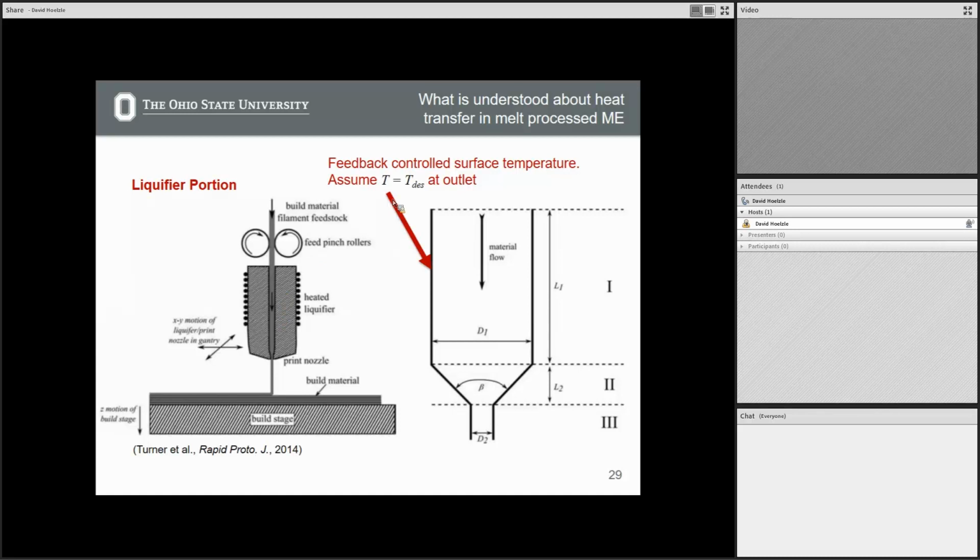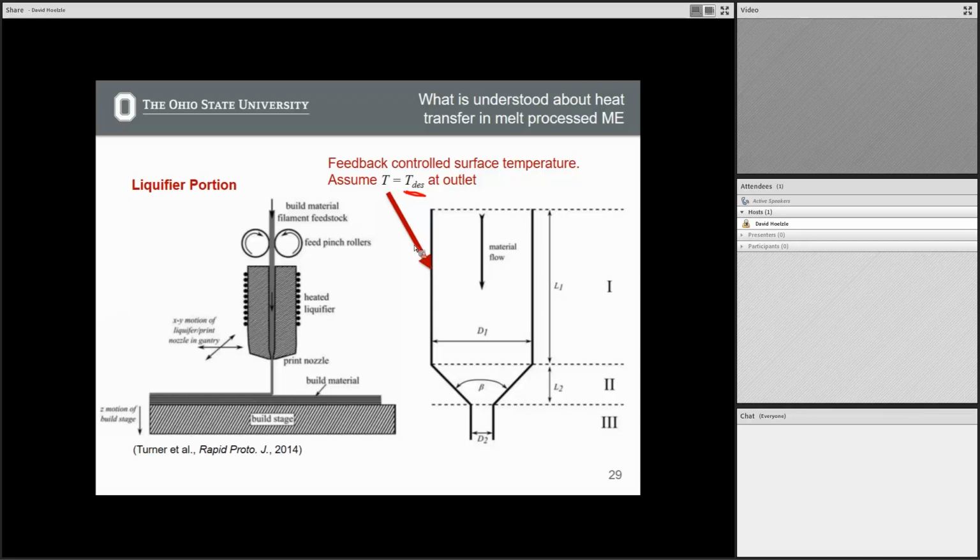The other thing is that these are designed with feedback controllers such that the wall temperatures hit some desired temperature. If for whatever reason your environment is colder that morning or afternoon, where it's exhausting heat more readily, we have feedback controllers to continually regulate. So the temperature of this liquefier wall stays at the desired temperature.